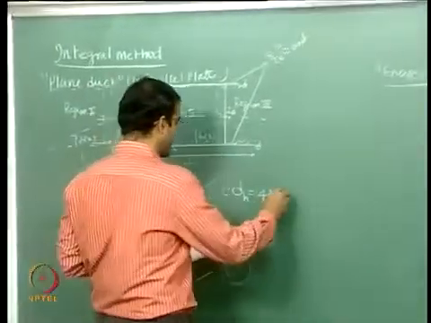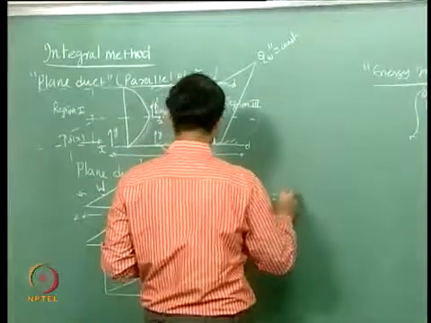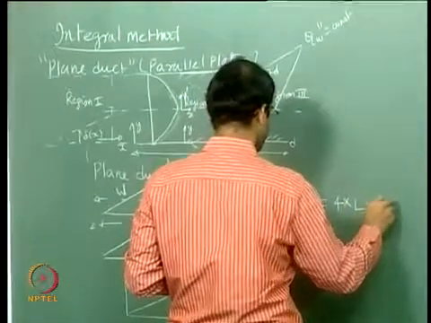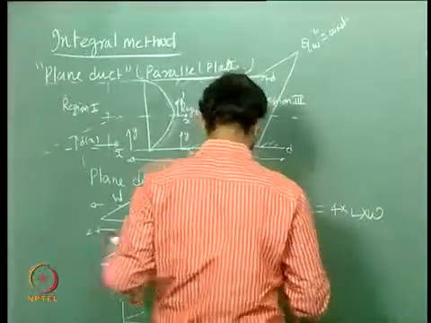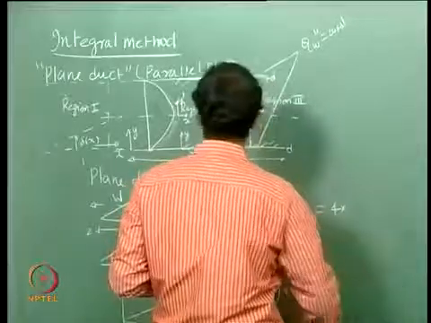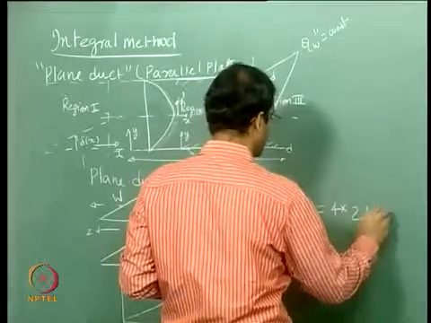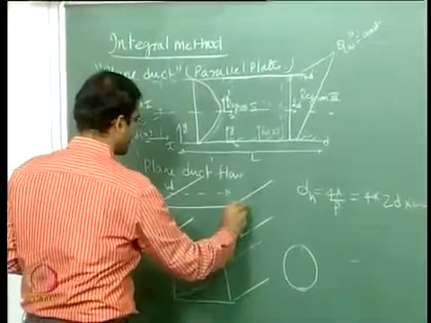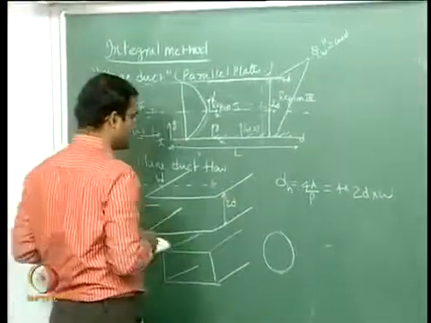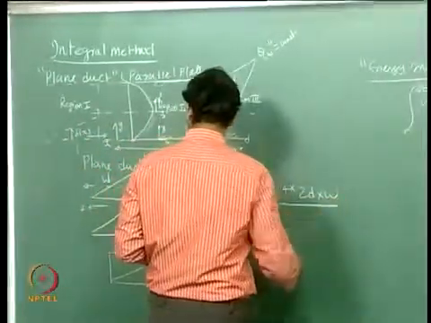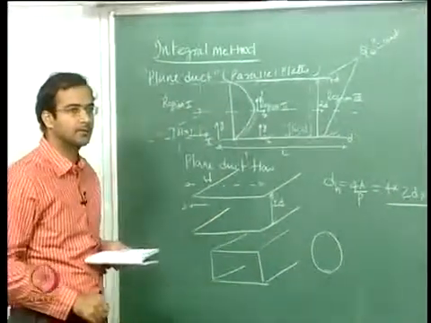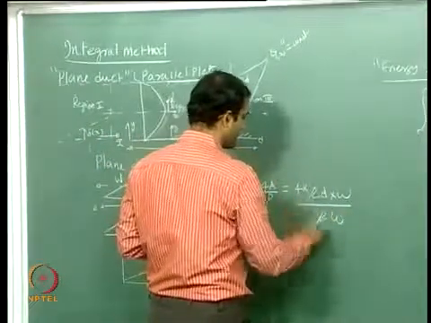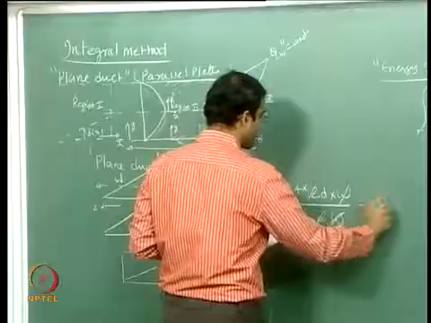So that is nothing but 4 times L times W, which in this case is 2d times W, where 2d is this particular spacing, and W is in the z direction, divided by the perimeter. What is the perimeter? 2 times W. So therefore this becomes 4d.